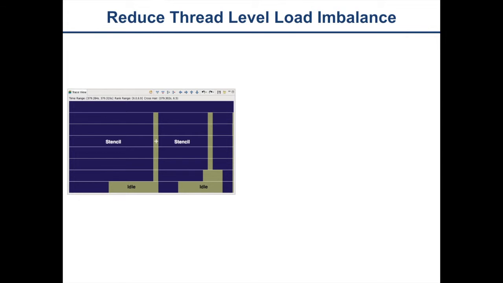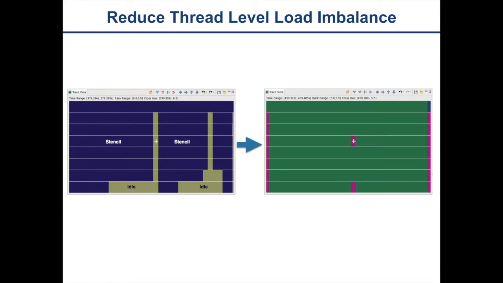Static scheduling is used for parallelization, and therefore OpenMP computes equal partitions of iterations with no knowledge of the tile sizes. The difference in tile sizes caused cores assigned a collection of smaller tiles to finish early. Changing the OpenMP scheduling strategy to dynamic reduced the imbalance as shown, and this helped to improve performance by around 5%.